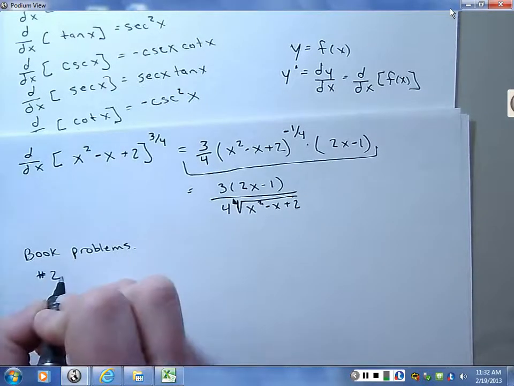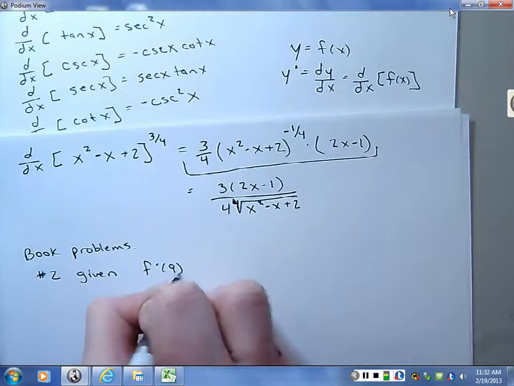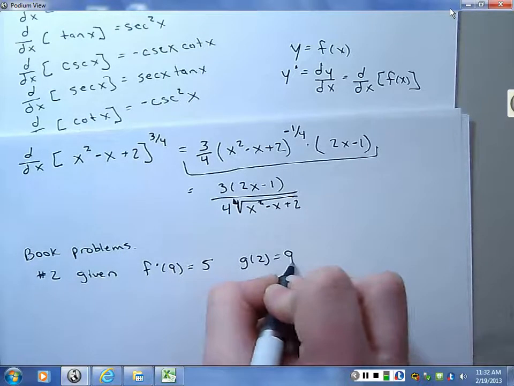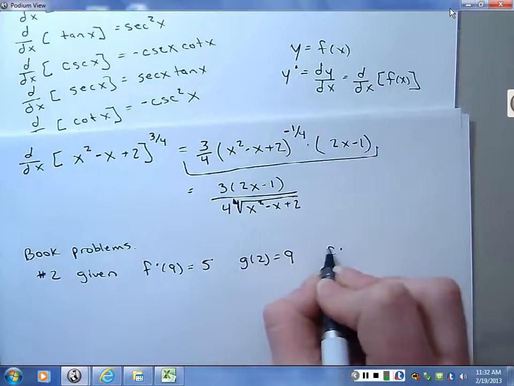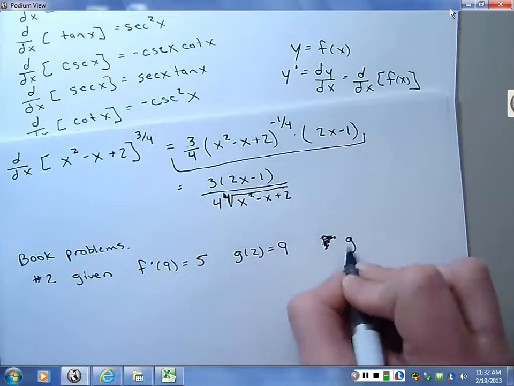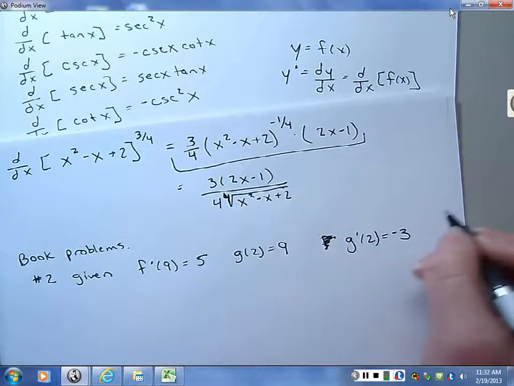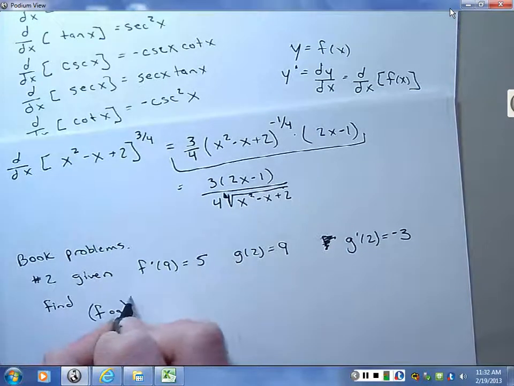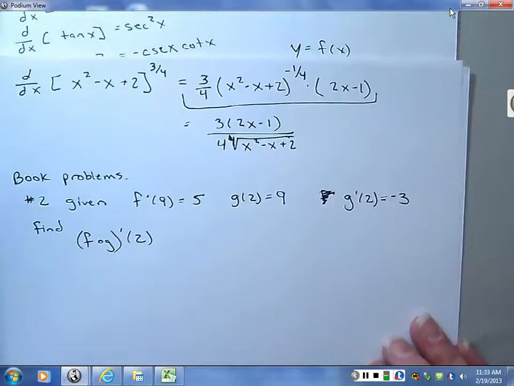Number 2 states you're given f prime of 9 is 5, g at 2 is 9, and g prime at 2 is minus 3. And they want you to find the derivative of f of g at 2. So find the composition, find the derivative of the composition at 2.